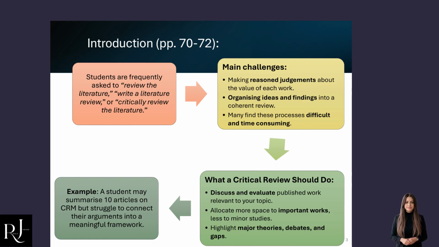For example, a student might summarize 10 articles on environmental conservation but fail to link them meaningfully. They could list different studies on reducing plastic waste, improving air quality, and protecting endangered species, but not show how these aspects are related or how they contribute to the overall goal of environmental conservation.